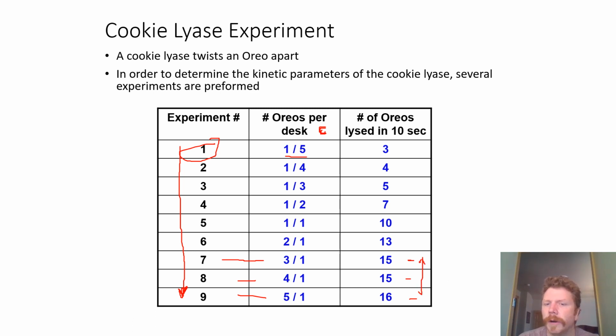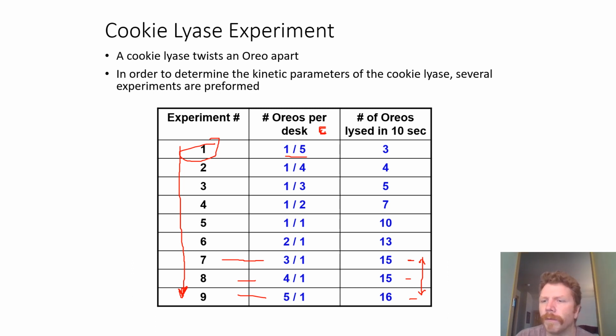At right around a 3-to-1 ratio, we're stuck at about 15 Oreos sliced in 10 seconds. It doesn't matter if we went up to 100 Oreos per desk, we're still stuck at about 15 Oreos sliced in 10 seconds. The only thing that would change that is if we increase the amount of enzyme, but we're not doing that here.